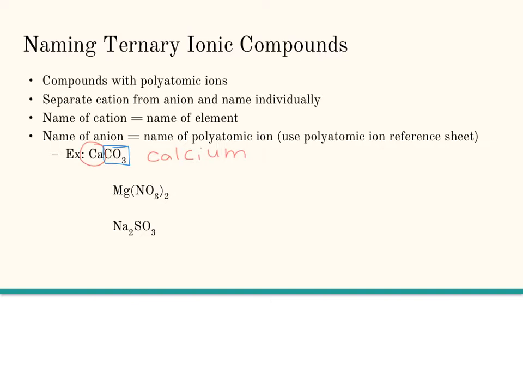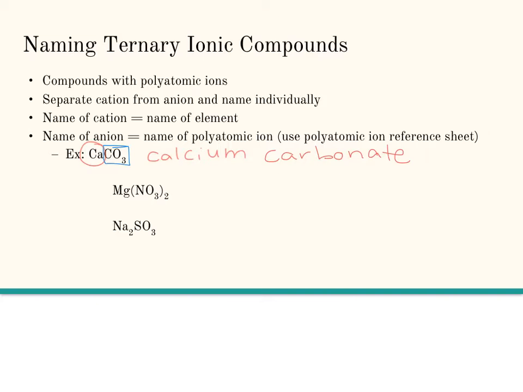So if calcium is the positive, then CO3, that entire thing, is the negative. And if I look at my polyatomic ion reference sheet, I will see CO3 has the name of carbonate. And so CaCO3 is simply called calcium carbonate.